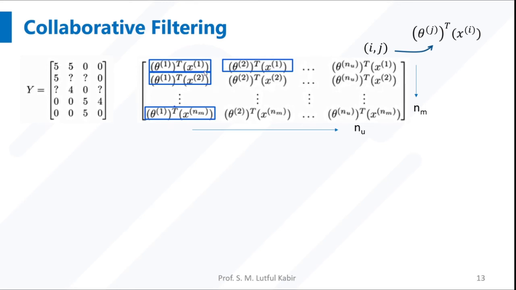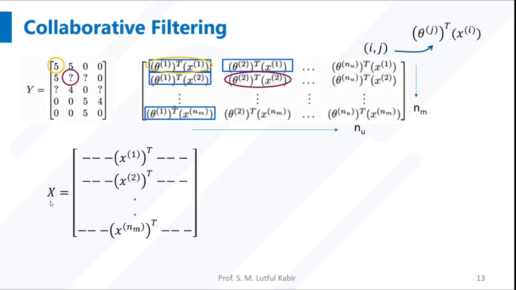So if you find the correspondence between this matrix and that matrix, this element is nothing but this element, and so on. So once you get theta and x, this unknown element can be determined from this matrix. How to obtain this matrix? First of all, you have to determine a capital X, which is the same as the formation that we have shown in the case of linear regression, where the x vector is transposed and forms the row of this capital X matrix: x1 transpose, x2 transpose, up to xnm transpose.